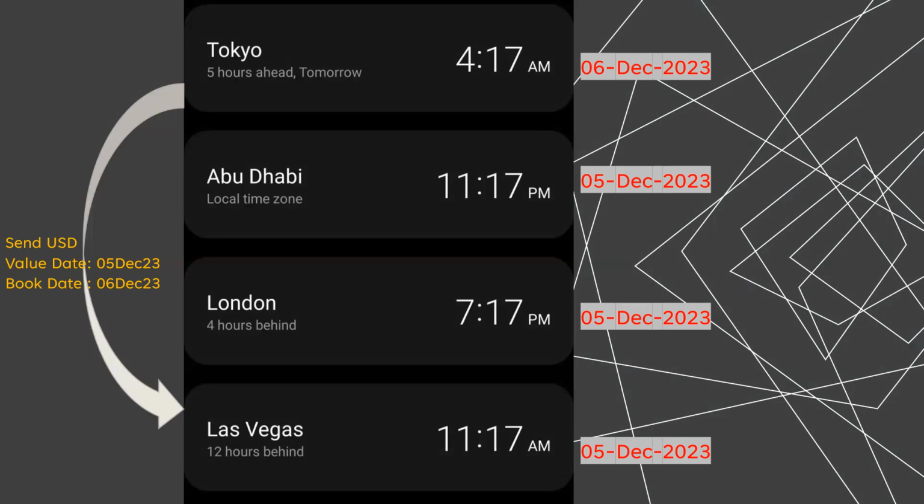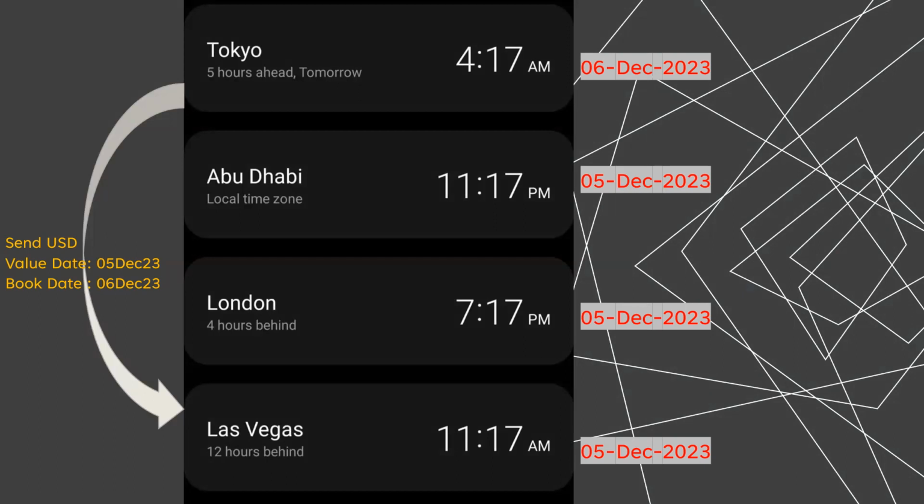And whenever I send this kind of message to the US, it goes via the Swift network. Since this is a USD currency, and in that region the date is 5th December, it goes with the value date of 5th December.